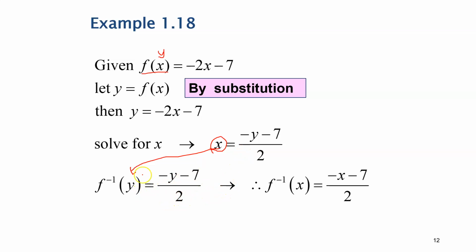That one is in terms of y. But we want our answer to be the inverse function of x. This one is the inverse function of y, because we originally have a function of x. Of course you want to find the inverse function of f. So you just need to change back the y over here to become x. Okay, that is the answer. This is using substitution.